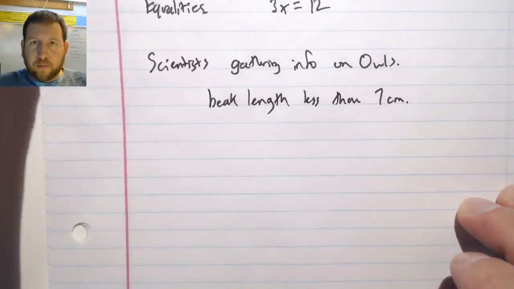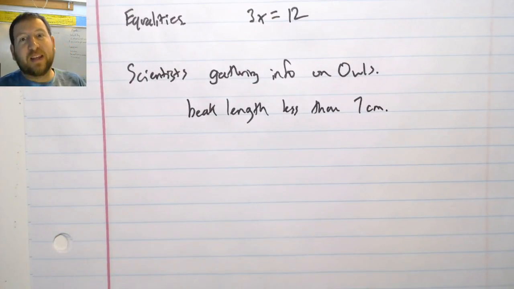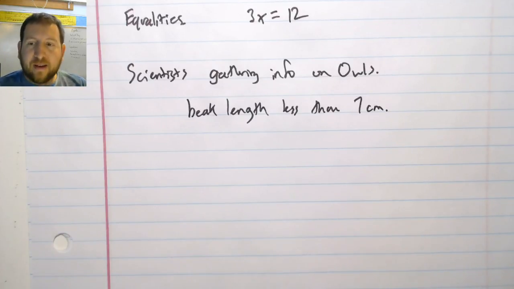We want to put all of the numbers that these owl beaks could be on a number line. And the topic here is that we're going to figure out how to put them on a number line and what the rules are for that.